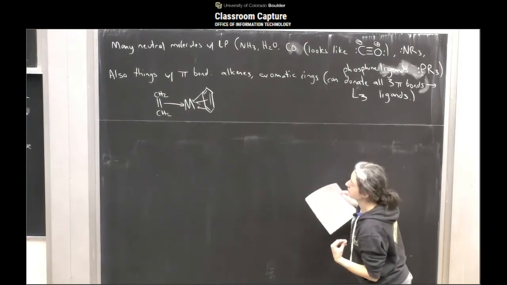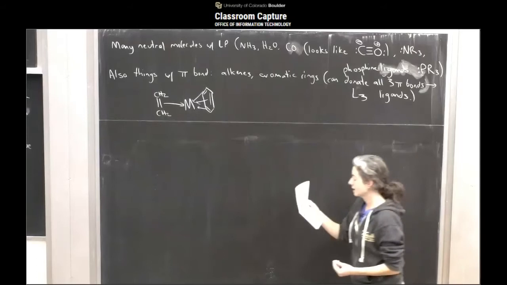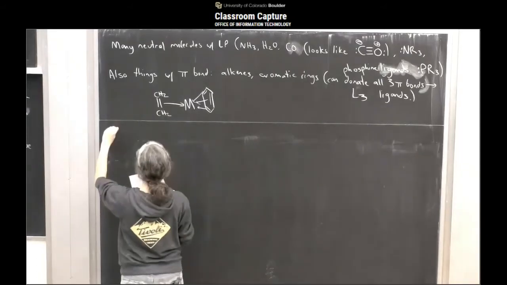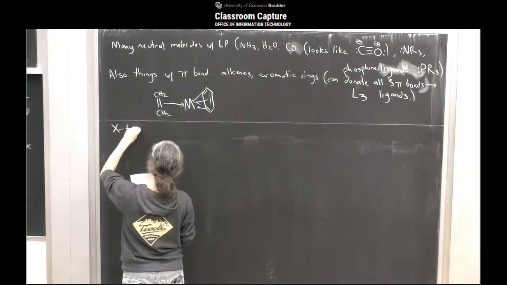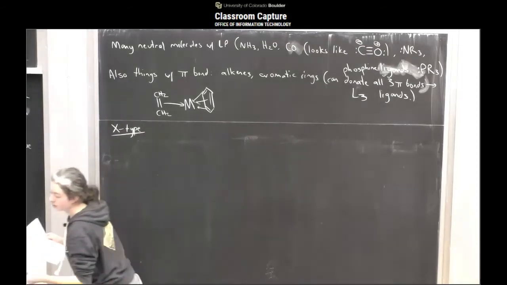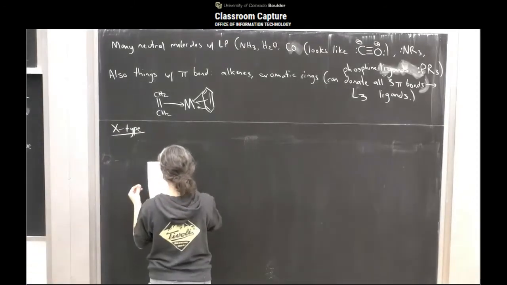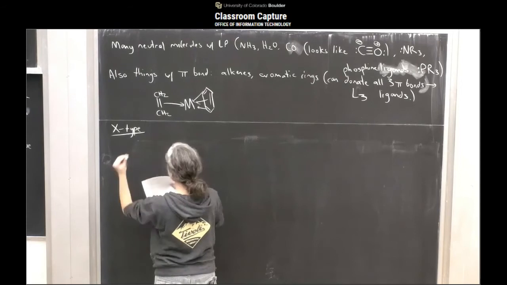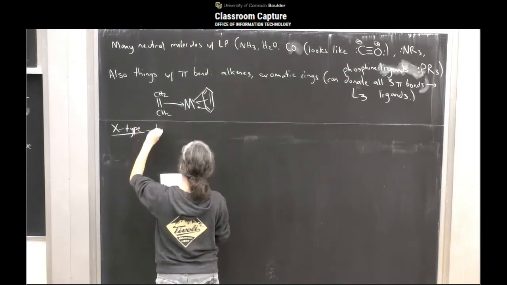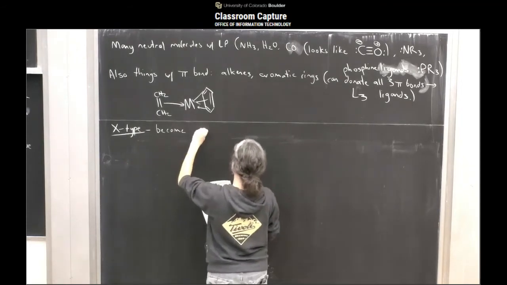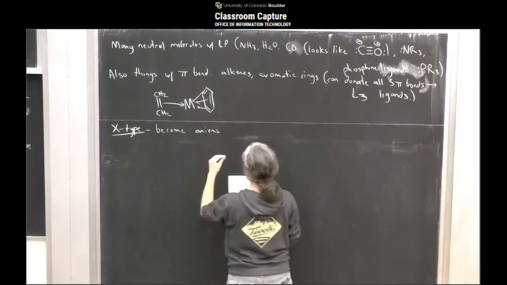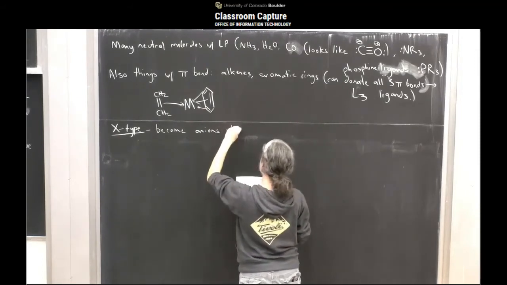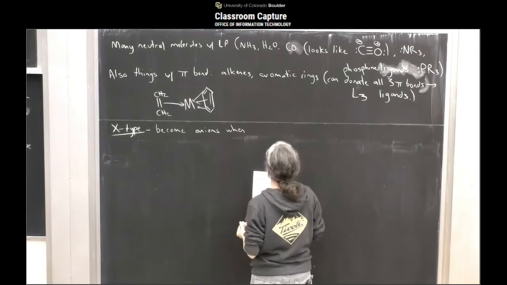So the other type of ligand that we're going to look at is X-type. And these become anions when they are removed from the metal.